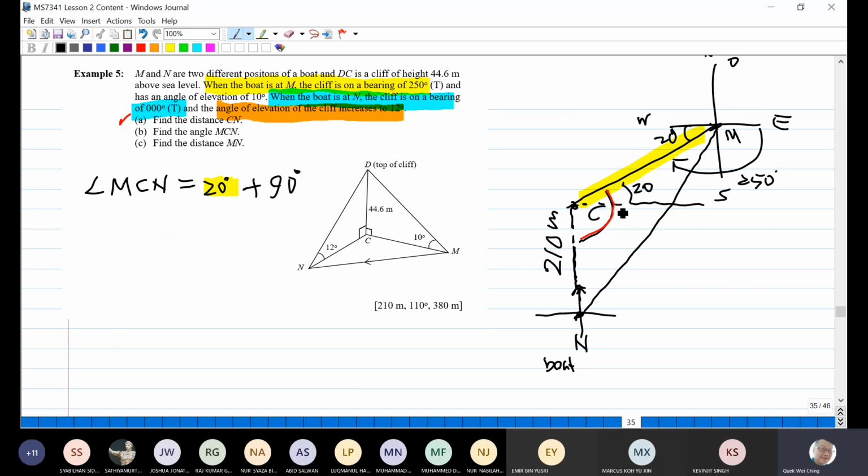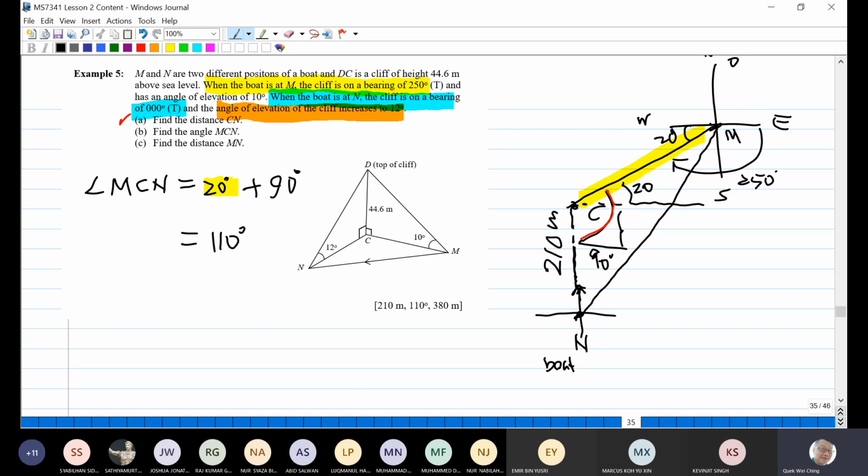This part is 90 here, so this part is quite easy to find. And then I need to find this 110 here.